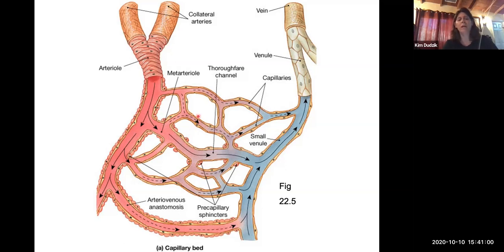It transitions to a blue color because that's indicating that there's less oxygen in here. And we never completely deoxygenate our blood. When we talk about the respiratory system, we'll learn why that is. So this is the color scheme you have to get used to when we look at the cardiovascular system.